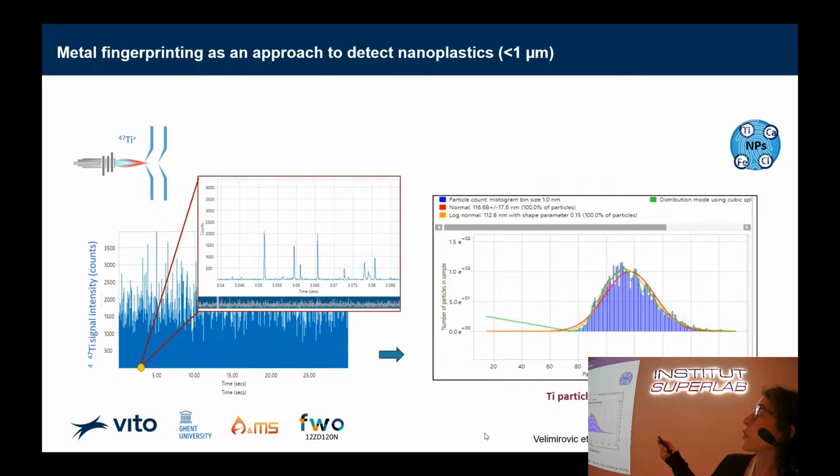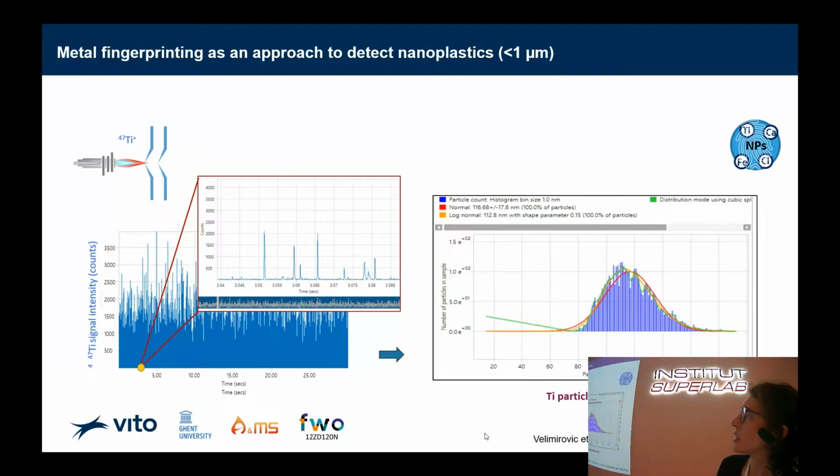That plastic contained titanium as an additive, and by measuring the titanium, we could obtain the particle size distribution based on the titanium. So basically the titanium particle size distribution can then be correlated to the nanoplastics that were produced.